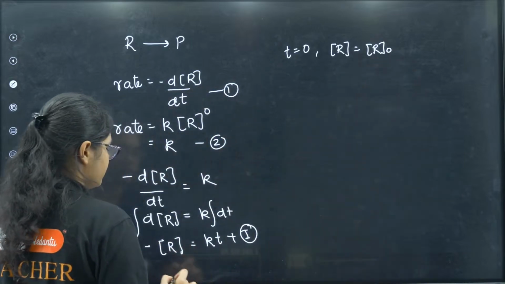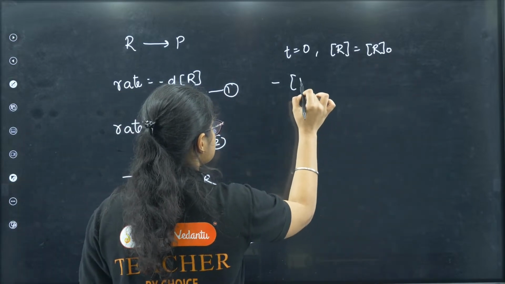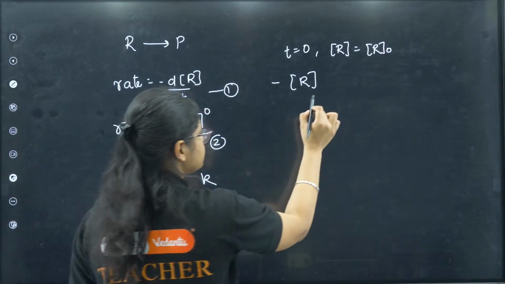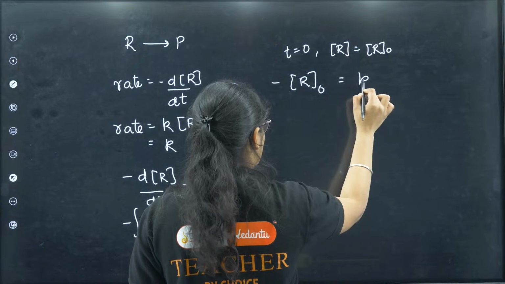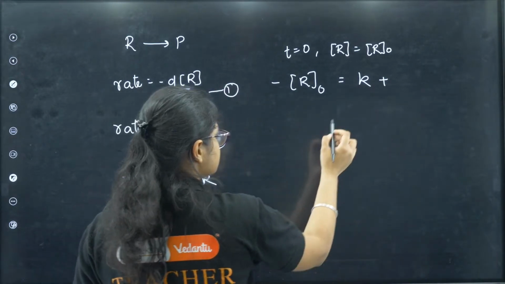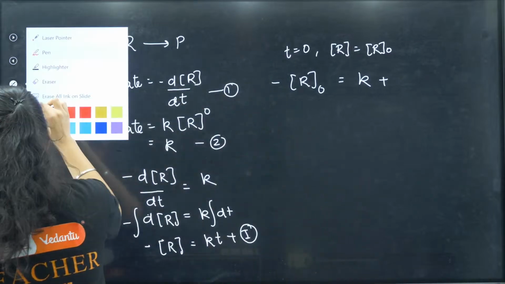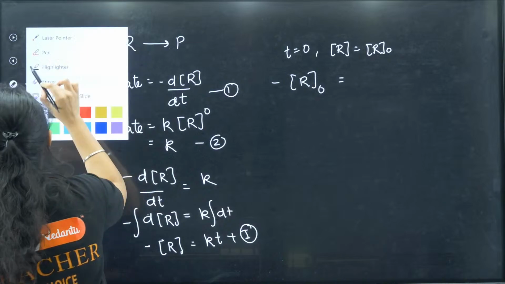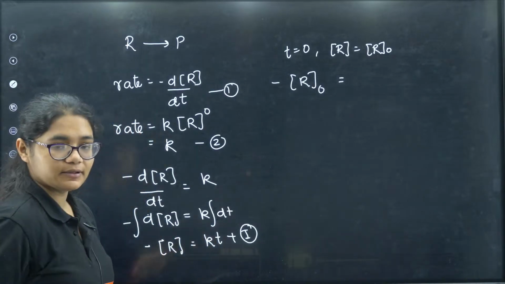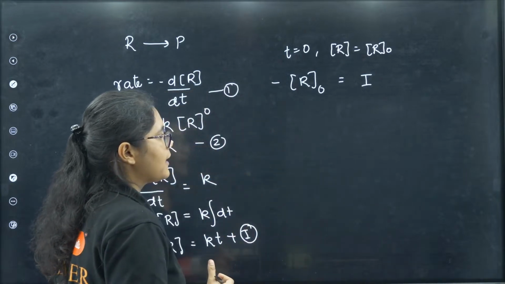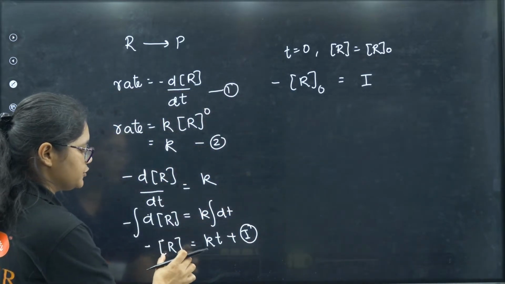So I will substitute: minus R0 is equal to K into 0, which becomes 0, so this becomes I. I got the value of I and I will substitute that here.